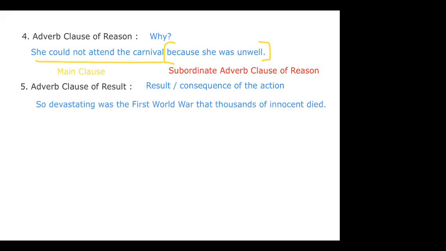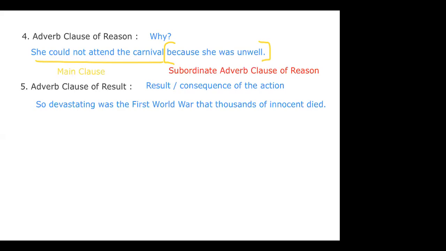Okay, now hold on. Dhruv, that's not the main clause. I'm sorry, Dhruv, I didn't read it well. So devastating was the First World War, correct? That's the main clause. Correct, Tanishka? Very good, Neha.